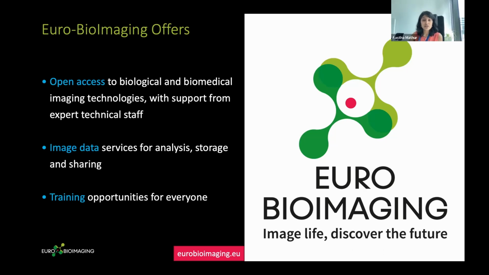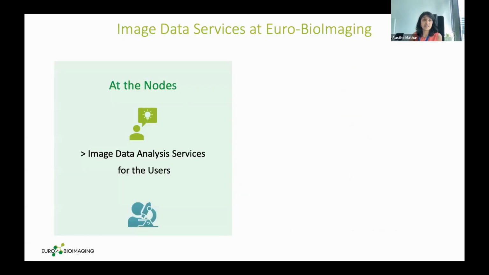So I want to discuss the image data services in a little more detail. In general, it can be split into two parts. Image data services at Euro-BioImaging can be offered at the nodes, which is basically a user coming up with a project.